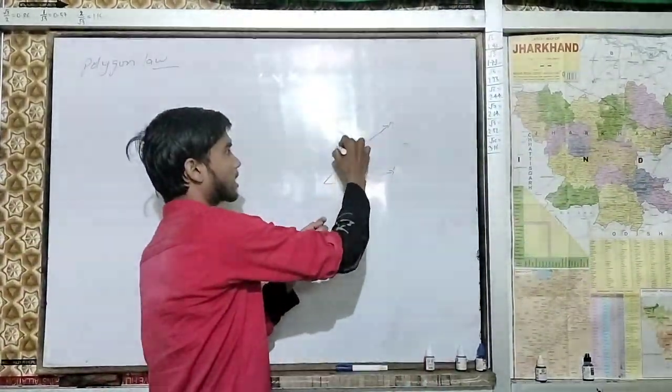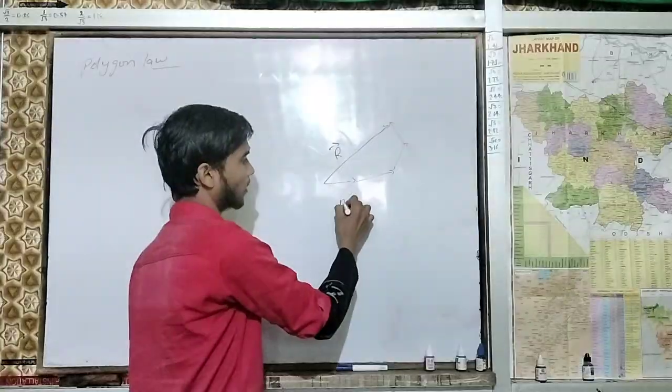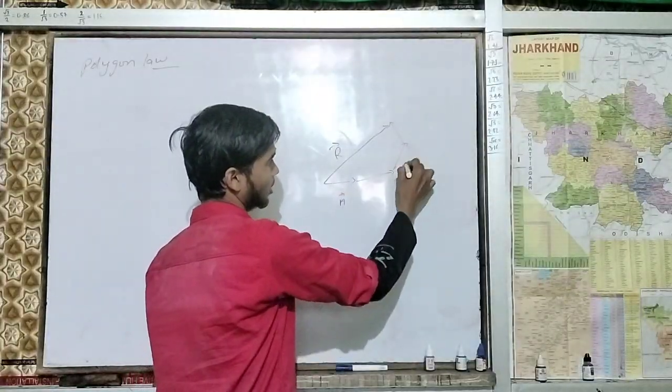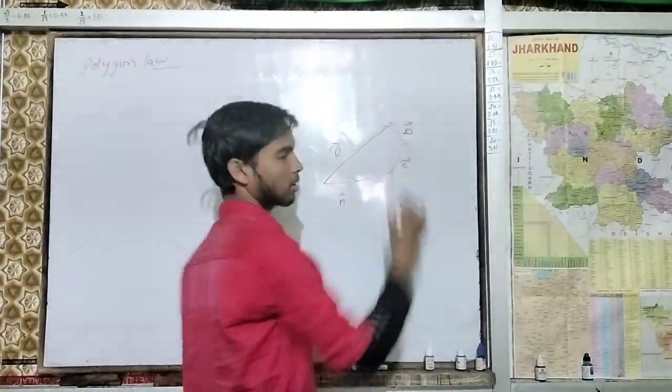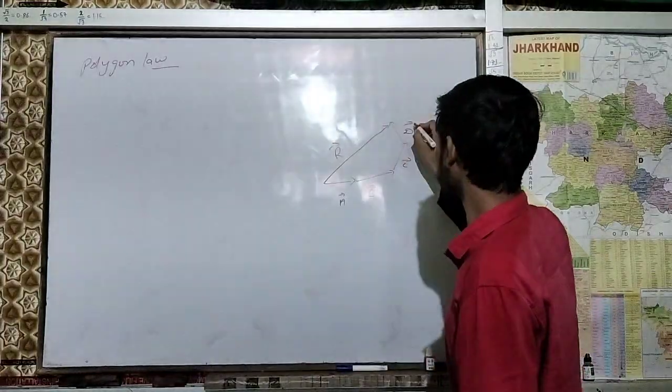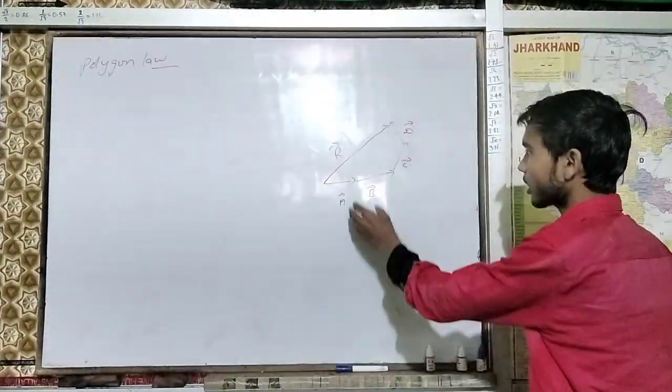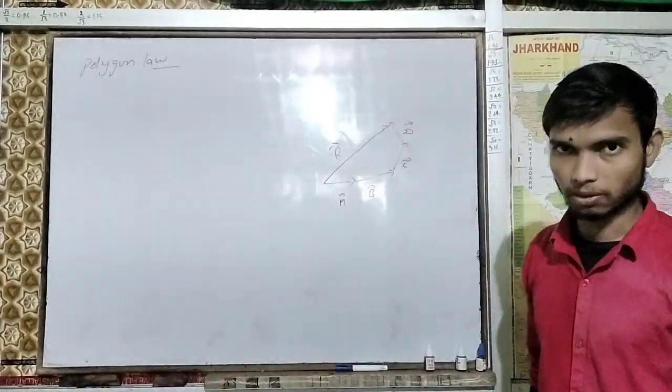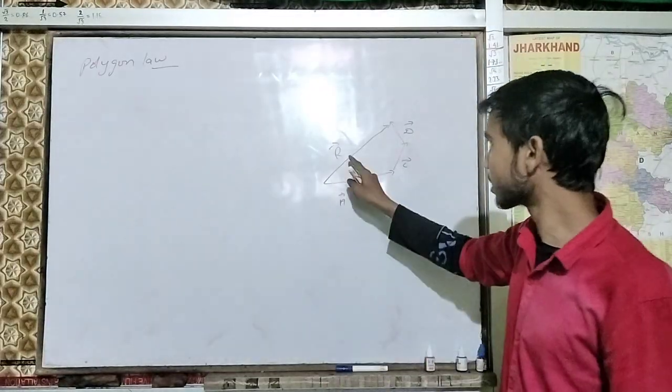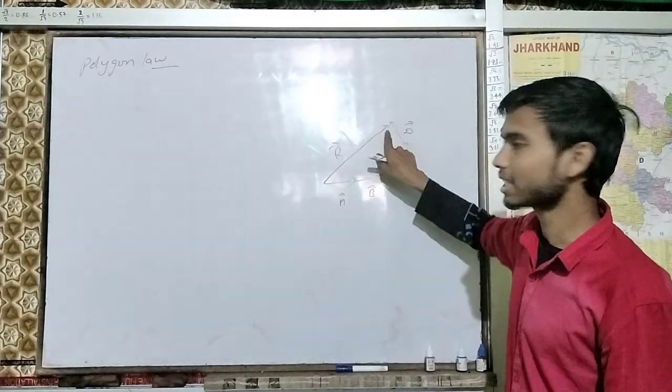This is our resultant vector. Are you understanding? A vector, B vector, C vector, D vector, all these were given, and we found this resultant vector. This is the correct way.